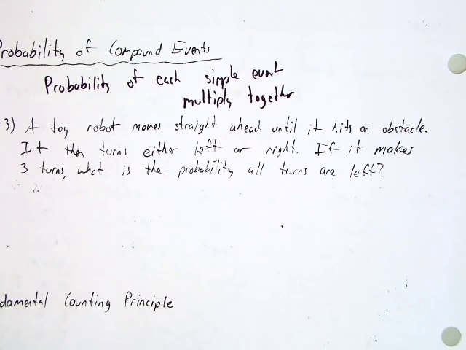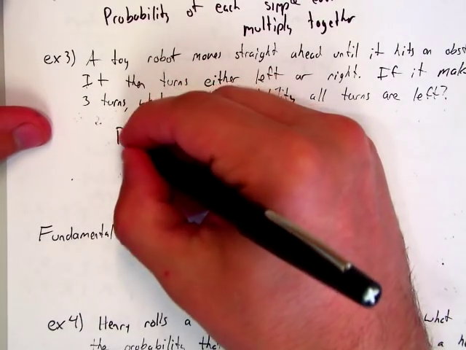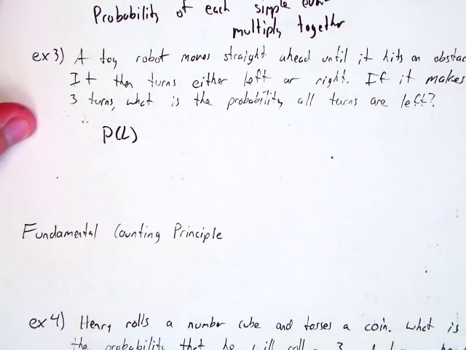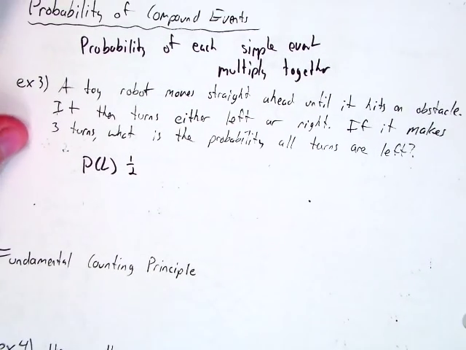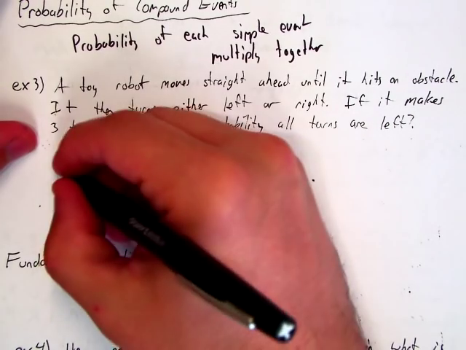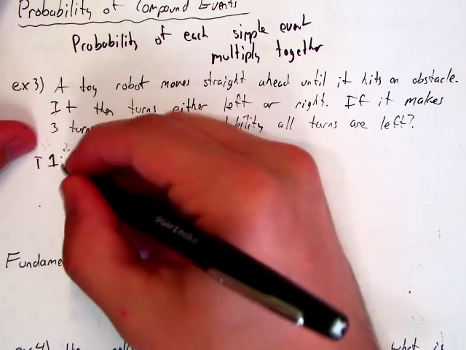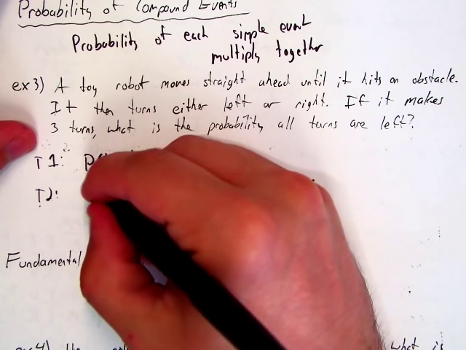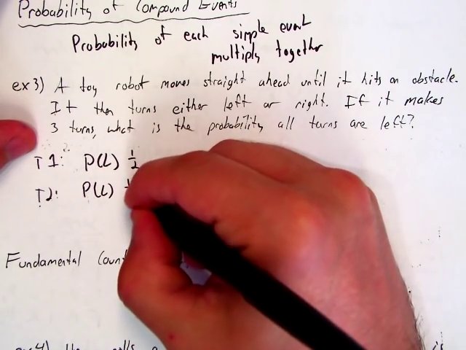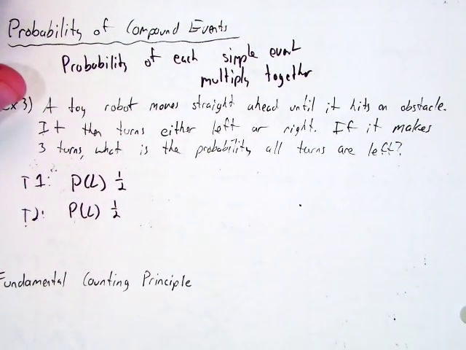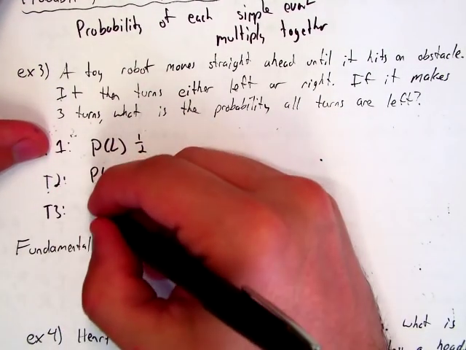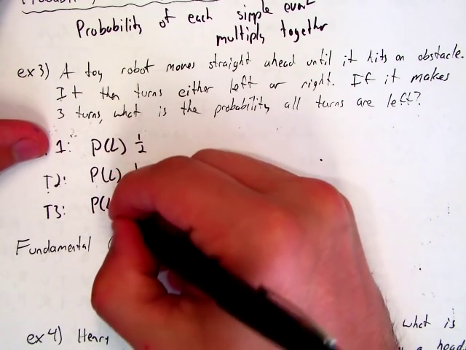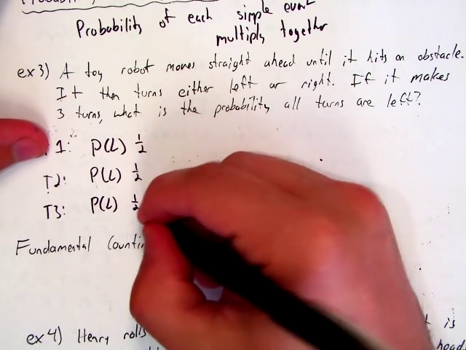Well, the probability of left on turn 1 is 1/2. It can either turn right or left. This is turn 1. On turn 2, the probability of turning left is also 1/2 because it doesn't have any dependence on the previous one. And the probability of turn 3 for left would also be 1/2.